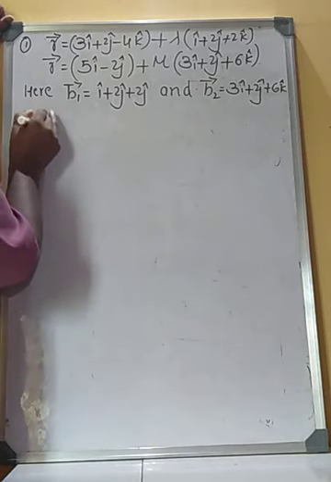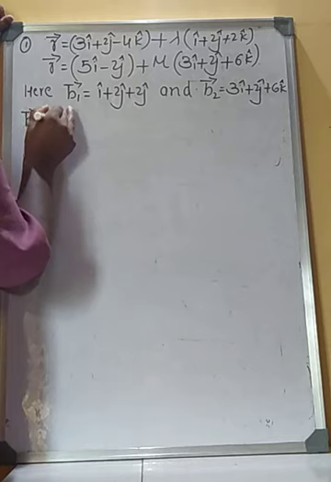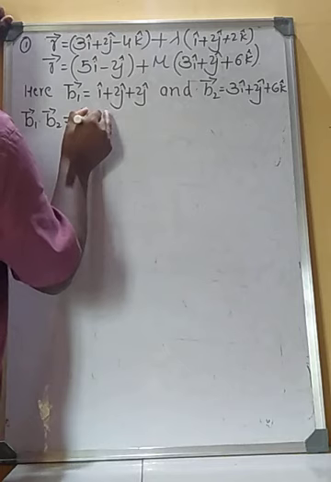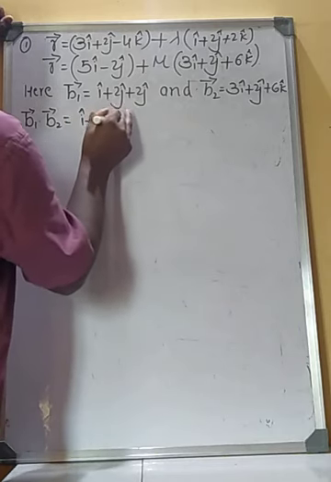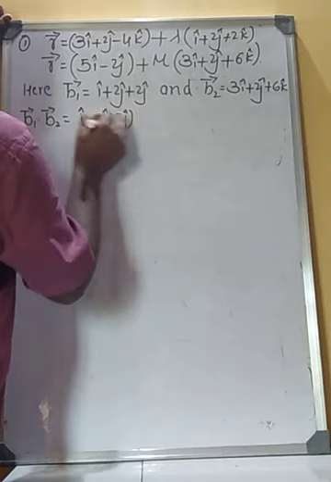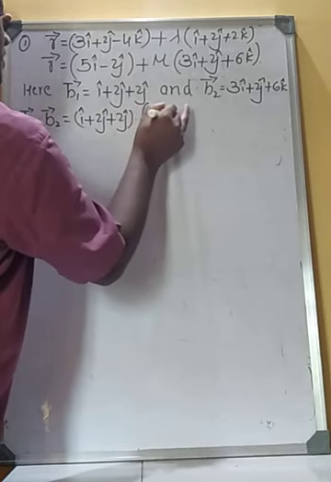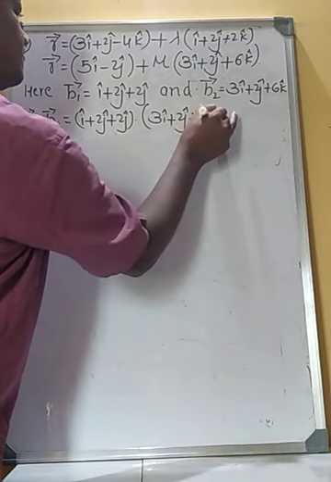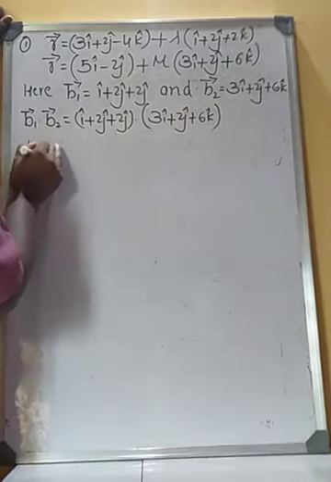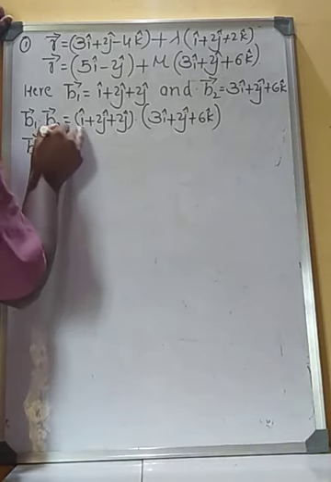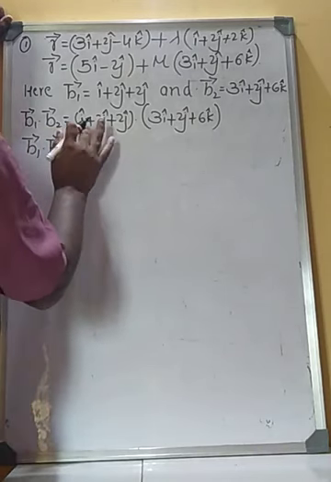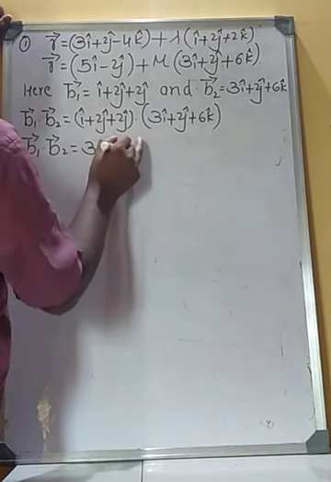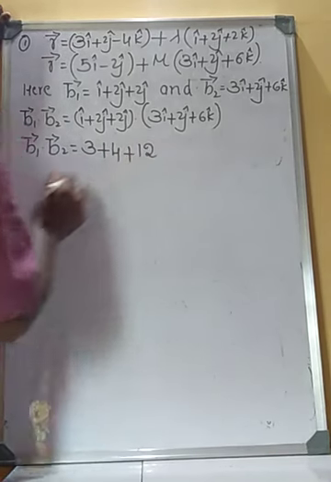So now find b1 vector dot b2 vector, which is i plus 2j plus 2k dot 3i plus 2j plus 6k. Therefore b1 vector dot b2 vector, the dot product of two vectors, is 3 plus 4 plus 12.